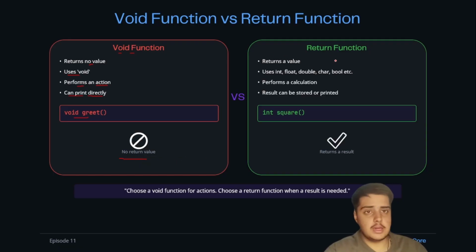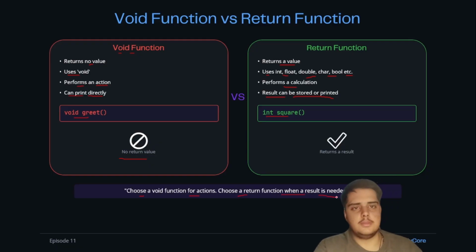And return functions return a value, use int, float, double, char, bool, and perform a calculation, and the result can be stored or printed. Example: int square, like I showed you, it returns a result. So choose a void function for an action and choose a return function when a result is needed.